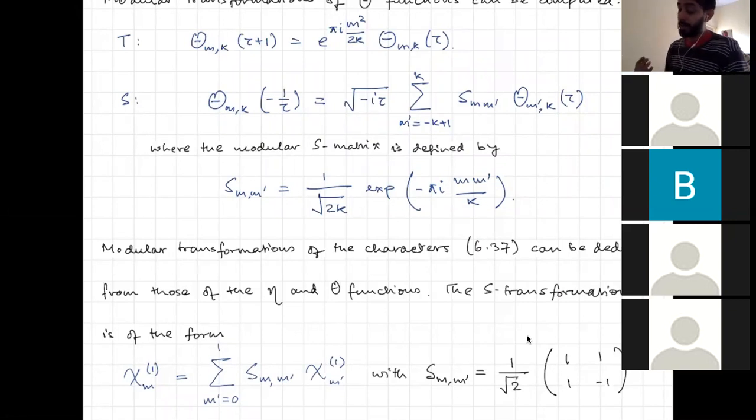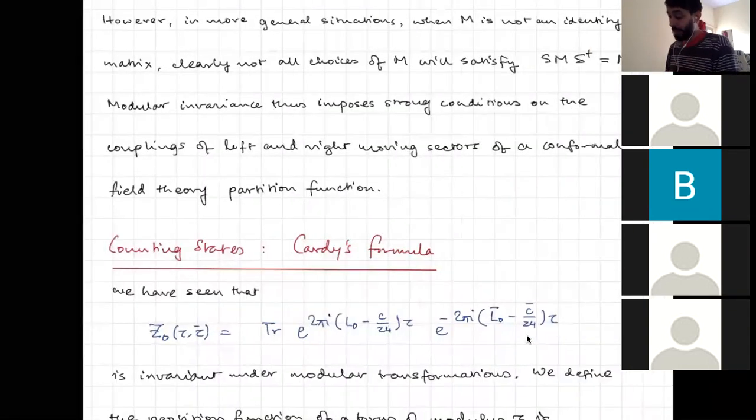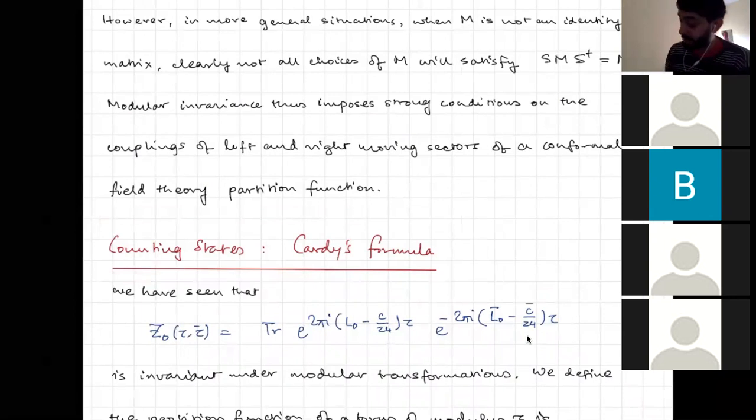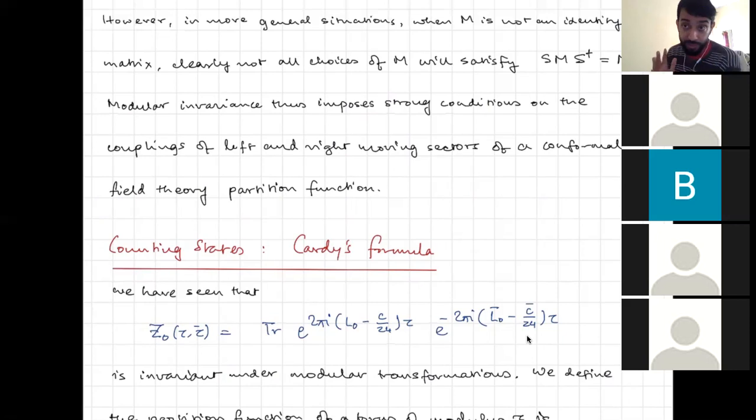So what is the thing that we want to do? What we are going to be doing next is related to the counting of states, and it's going to be called the Cardy formula, okay?